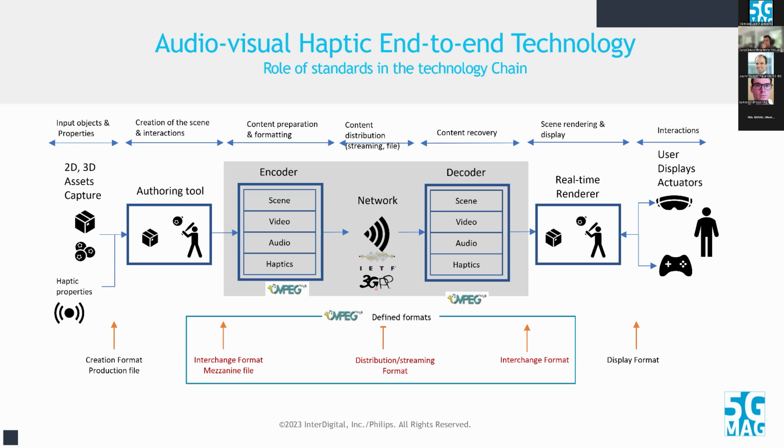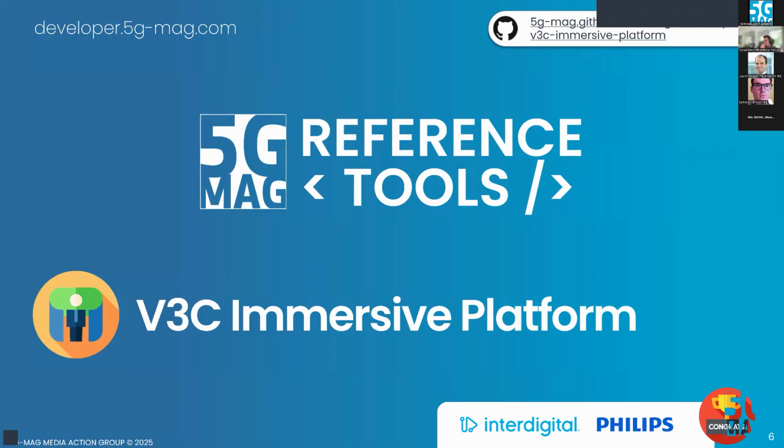Currently they are manually authored, but in the future they could maybe be generated. These haptic effects can also be encoded and decoded. It's just another modality: you have video, audio, and also haptics, which is especially useful for XR to make it more immersive.